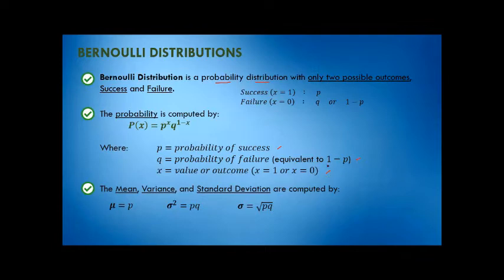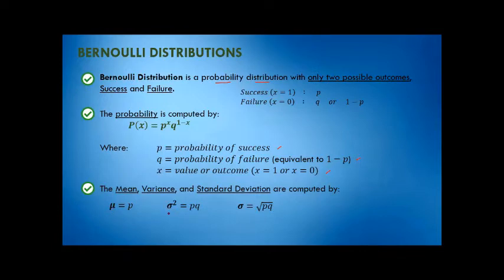Now, the third thing we need to know is how are we going to compute for the mean, variance, and standard deviation specific for Bernoulli distribution. So we have the following. Mu is equals to P for the mean. So ibig sabihin, kung ano yung probability ng success, yun na rin yung mean.